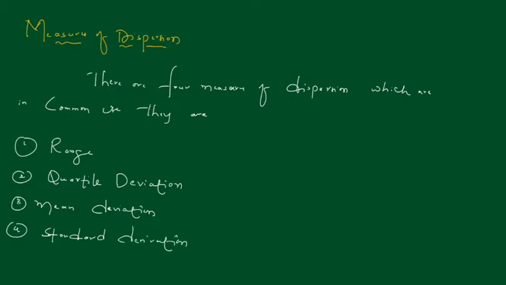These are the four measures of dispersion. So let's see the first one, what is range.